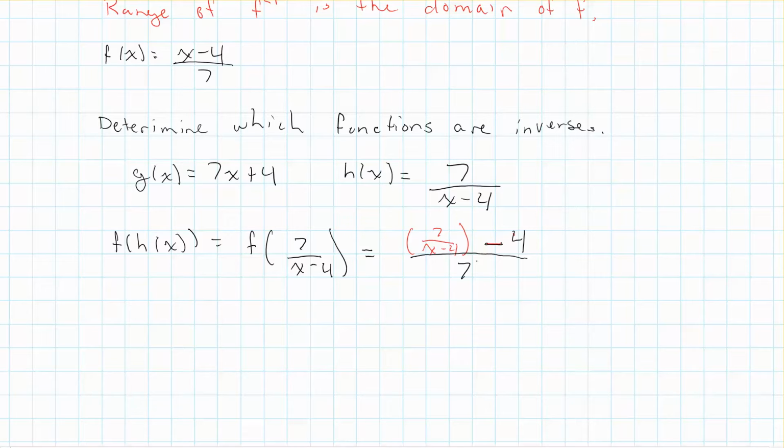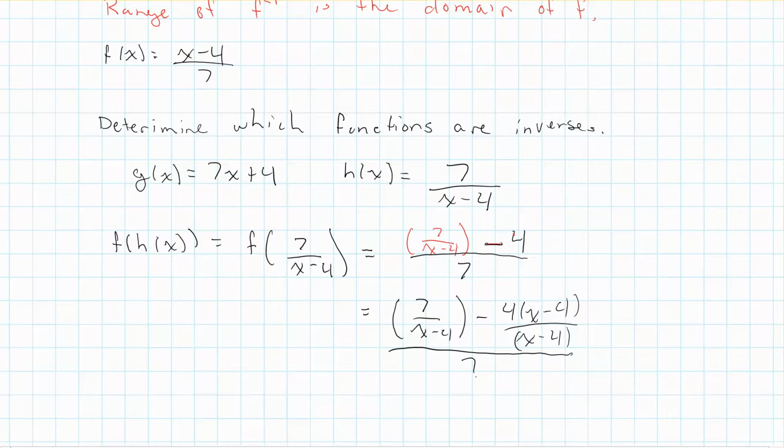Now we can go ahead and try to simplify, which if we simplify, we'd have 7 over x minus 4 minus 4 times x minus 4 over x minus 4, all over 7. You could also multiply the top and denominator by x minus 4 if you wanted to, but I'm doing it this way.